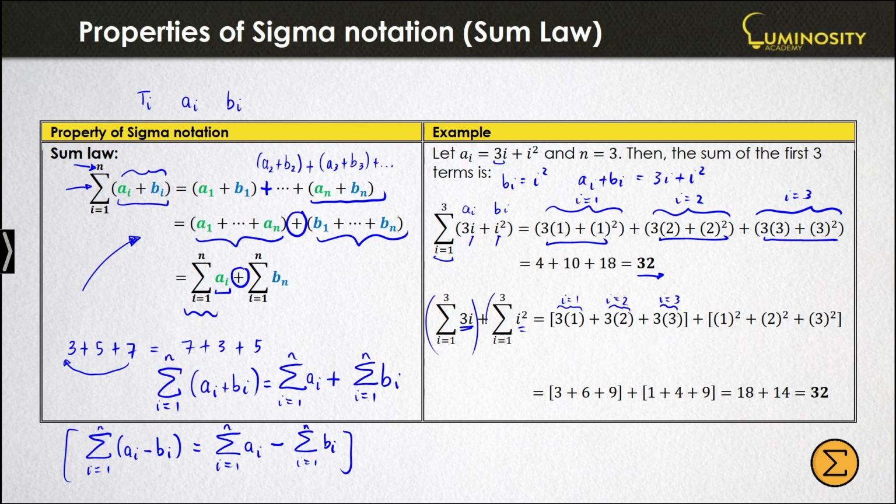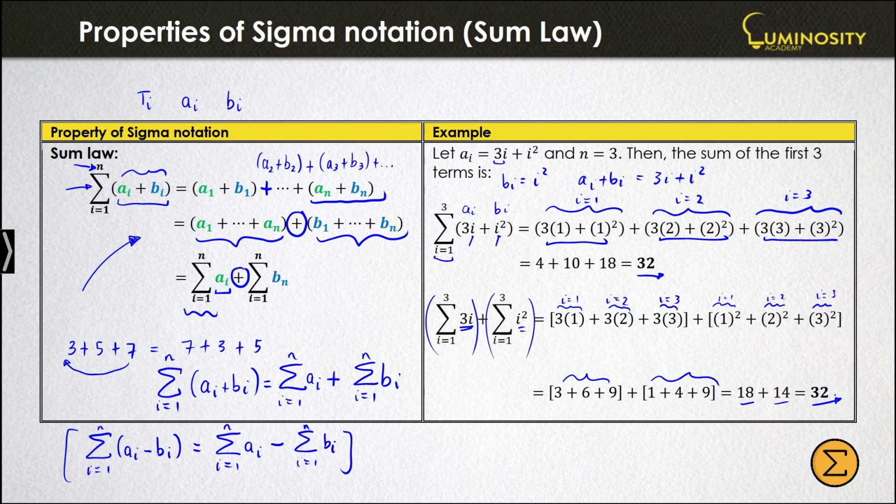Then you do the second summation, which says from i equals 1 to 3, you're going to square it. So at i equals 1, you're going to square 1. At i equals 2, you're going to square 2. And at i equals 3, you're going to square 3. So doing it that way, we're going to get this sum here, 3 plus 6 plus 9, for the first general summation. And then the second one will be 1 plus 4 plus 9, which gives you 18 plus 14, which is 32. Exactly the same answer.